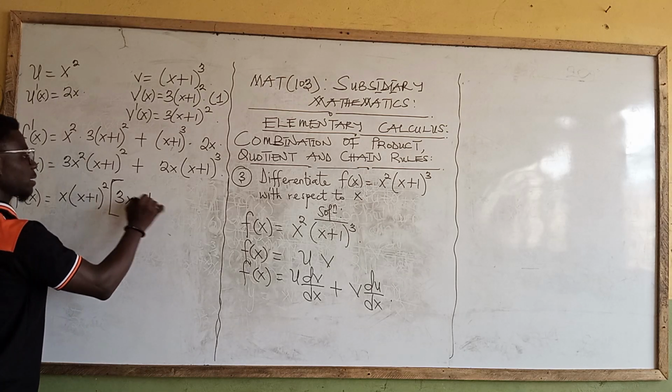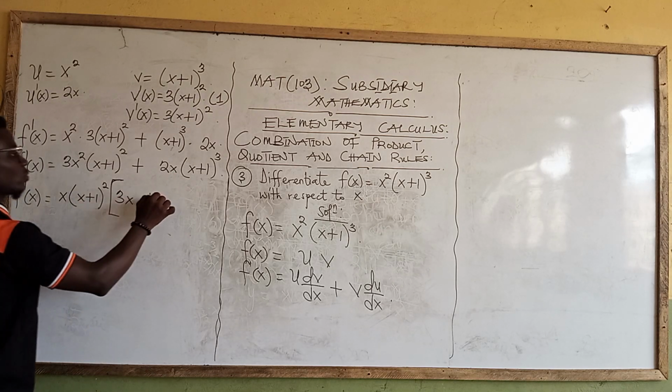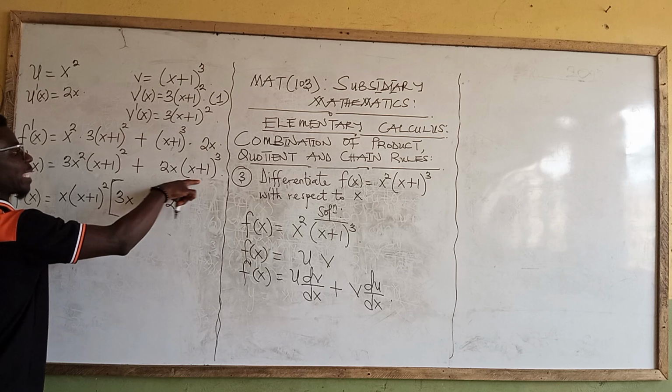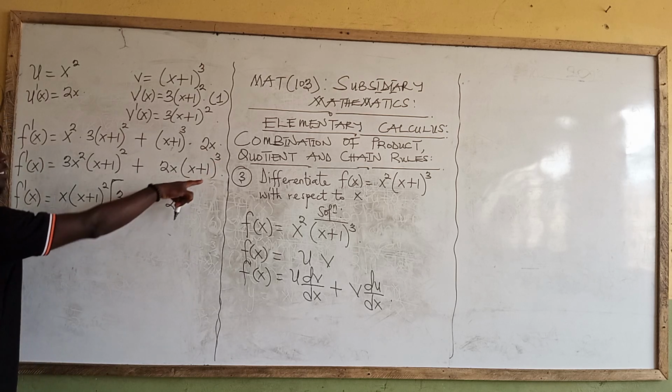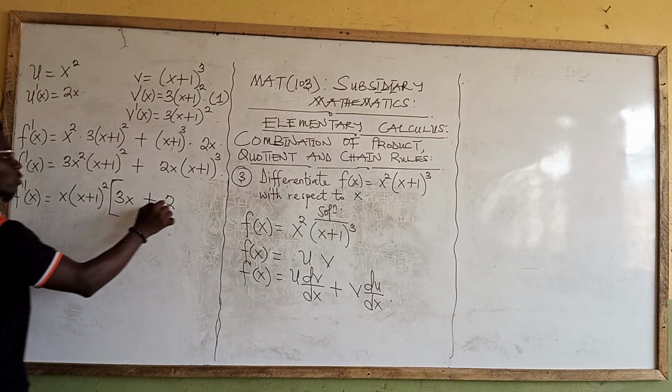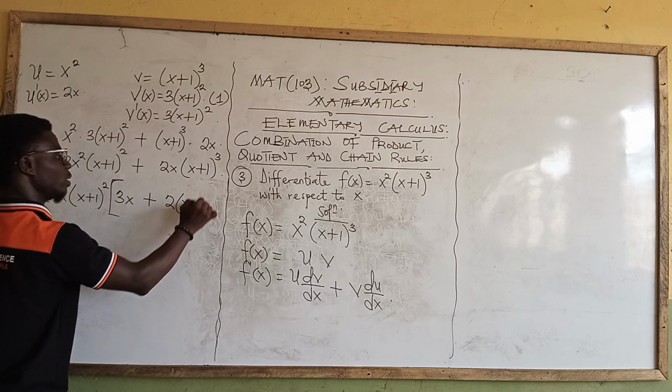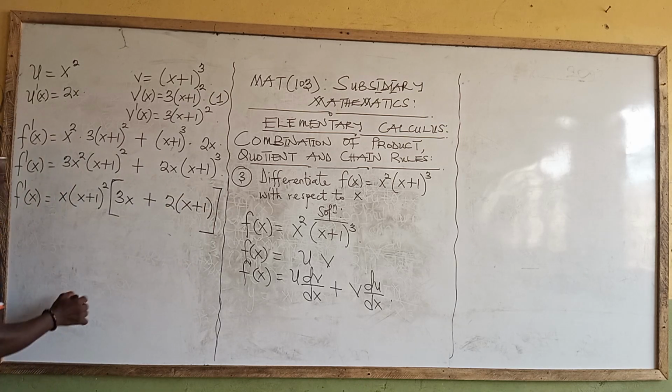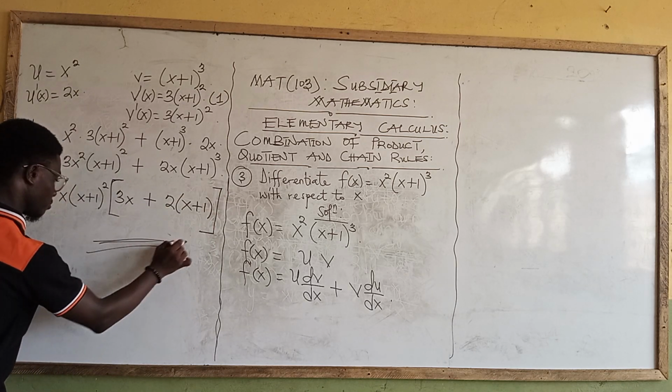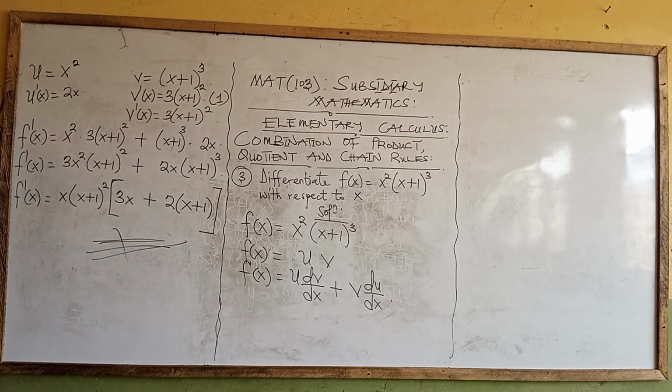Then plus 2x, x is out, so I have 2. Then this (x plus 1) to the power 3, there are 3, right? But 2 is out, so I'm left with only 1. So it can be written as that. Right. Very, very simple and very, very trivial. As well, kindly watch it carefully. Let's see example 4.